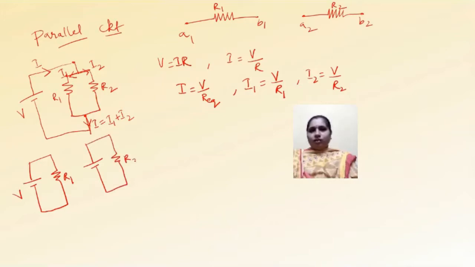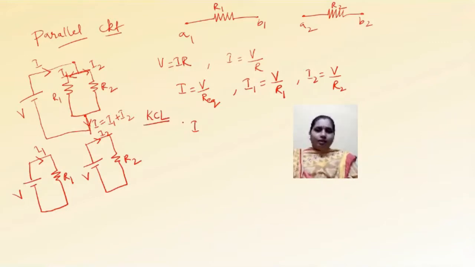This is your R2, this is your V. This is where I1 is flowing, and this is where I2 is flowing from the voltage. That's the reason I am taking these values: V by R1 and V by R2. So, according to Kirchhoff's current law, in a parallel circuit we are going to use Kirchhoff's current law.